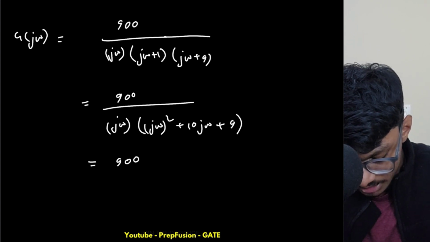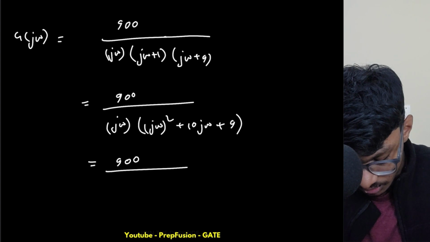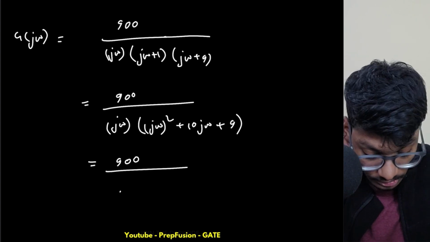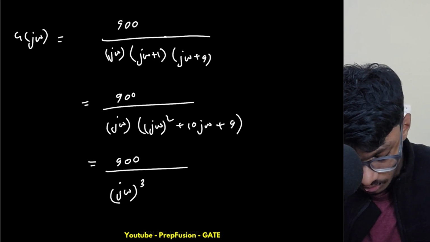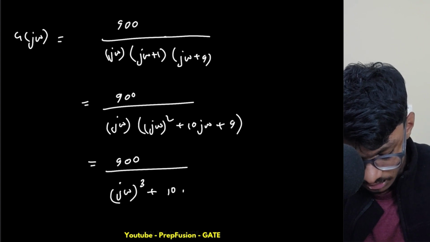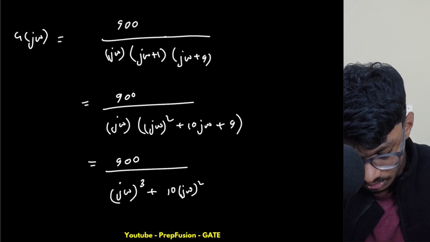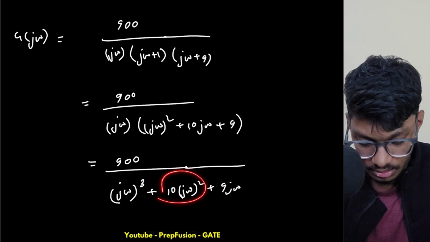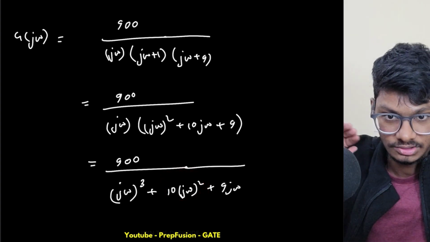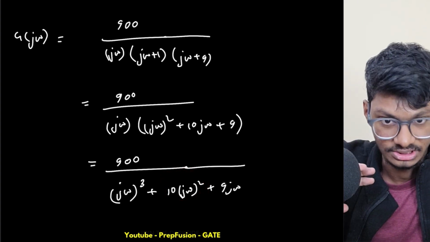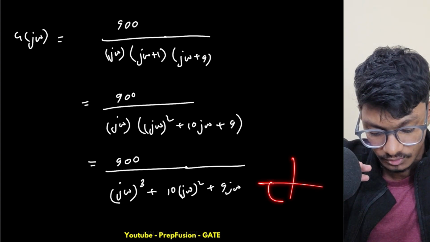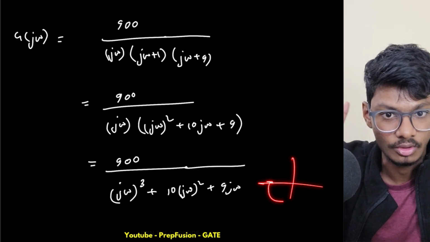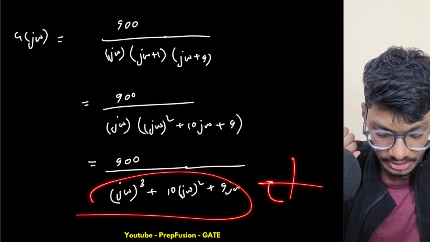Now again you multiply by j omega, so this will become j omega whole cube plus 10 j omega whole square plus 9 j omega. Okay, now obviously it will cross the minus 180 degree, so it will not have an imaginary component. Like it will cross this minus 180 degree, so it will not have any imaginary component, only real components will be present. So you will make the imaginary component 0.